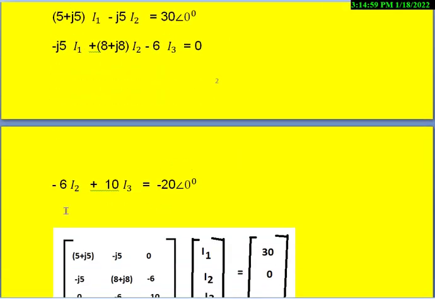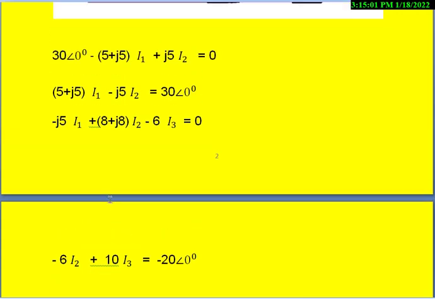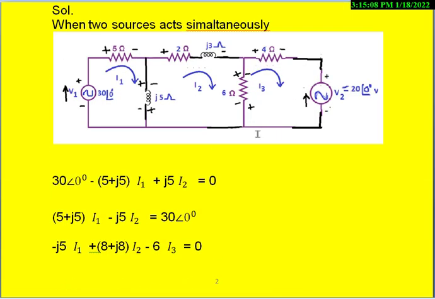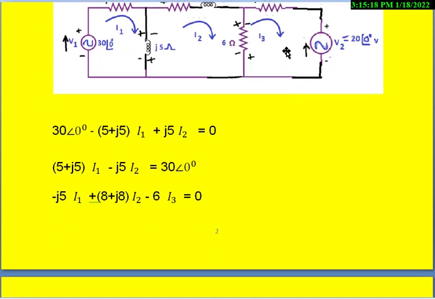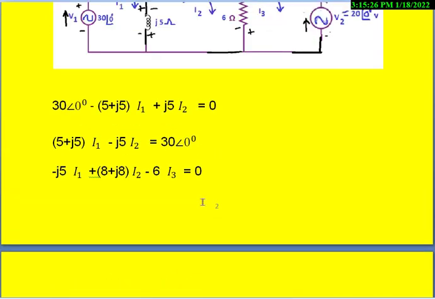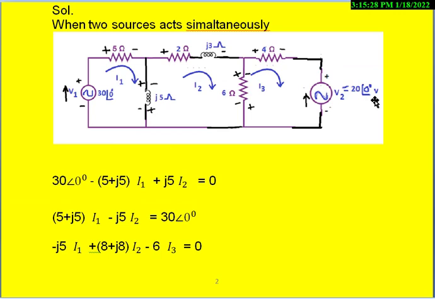So that is minus 6 I2 we get here, and then here 4 I3 we get here, so that is 4 I3 plus, and this 6 also is there because it is a self impedance, so 6 plus 4, that is 10 I3 will flow in this, drop is there in this, so we write here plus 10 I3 is equal to minus 20 at an angle of 0 degrees.